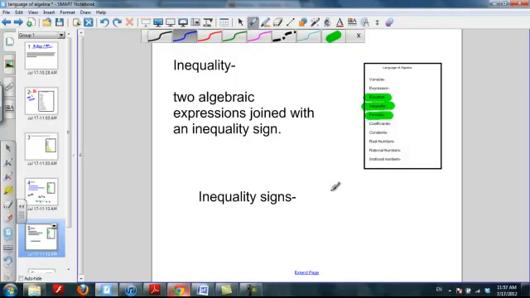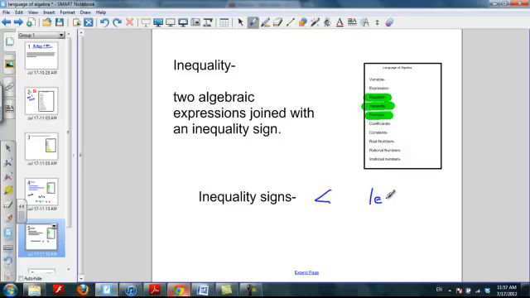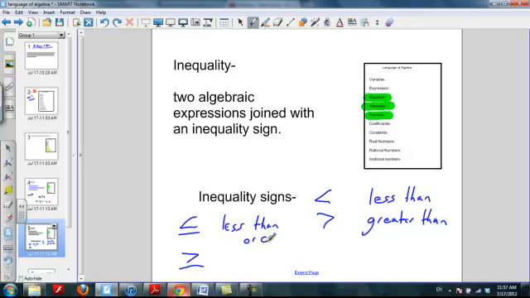We have less than, we have greater than, and then we have these two, except if we put this line underneath, that means less than or equal to. And I won't write the last one, but that's greater than or equal to.